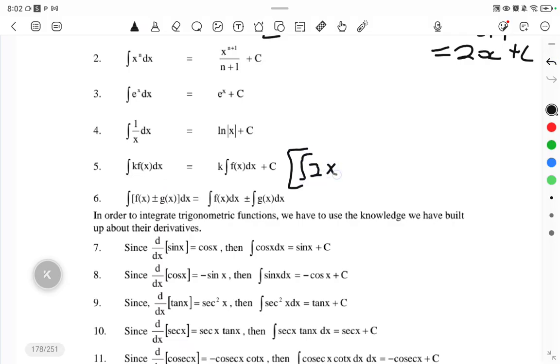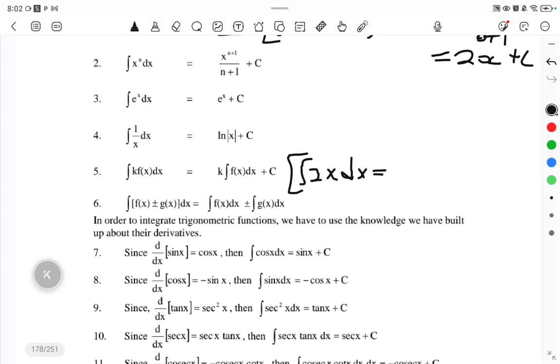if I'm given the integral of 2x dx, the 2 up there I showed you, right? Then this, I'm going to take out a constant. I take out a constant, I'm left with this. Remember from limit laws, right? You were taking out a constant, you apply the limit of a variable. This will be 2x^(1+1) over 1+1.